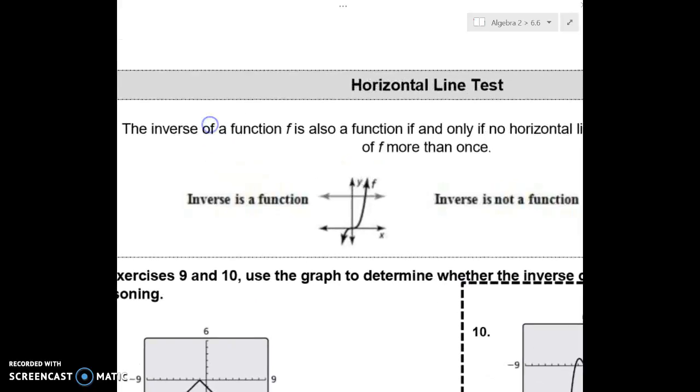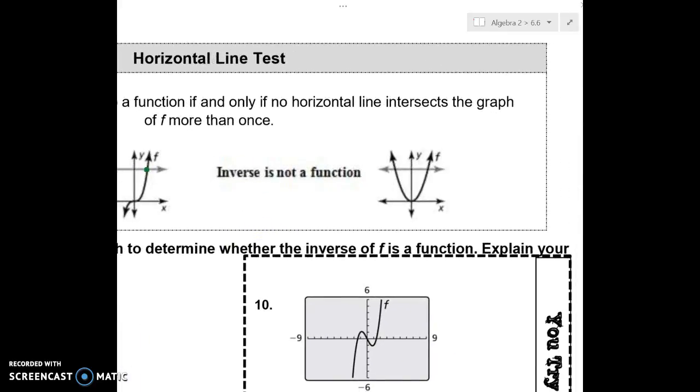So in order to tell if the inverse of a function is going to be considered a function, the horizontal line can only touch the function once. If it touches more than once, then the inverse is not going to be a function. So here you can see we've only touched that horizontal line once, so that means the inverse will be a function. On the next graph, we touch that horizontal line 2 times. So that means that the inverse is not going to be a function.